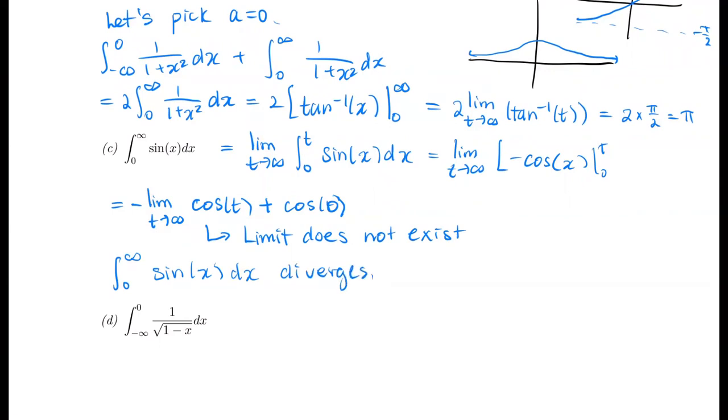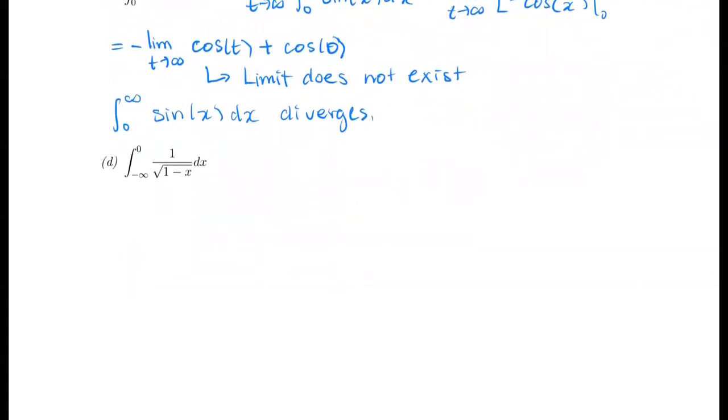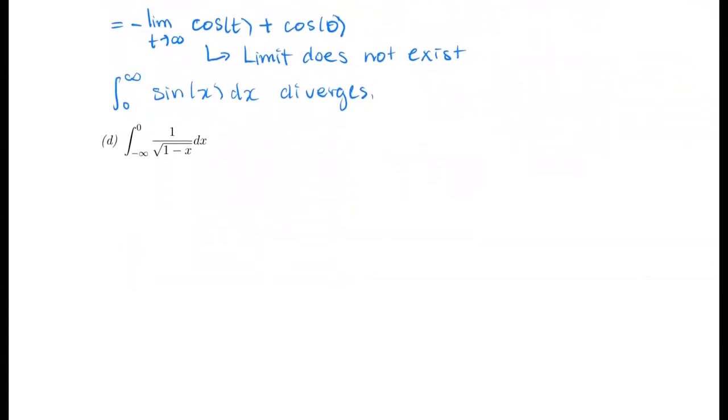Okay, so the last one is as follows. We have the integral from negative infinity to 0 of 1 divided by the square root of 1 minus x. For this one, we still use the same notation: the limit as t approaches negative infinity of the integral from t to 0 of 1 divided by the root of 1 minus x dx.